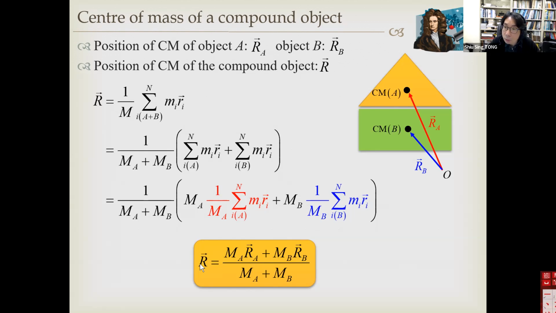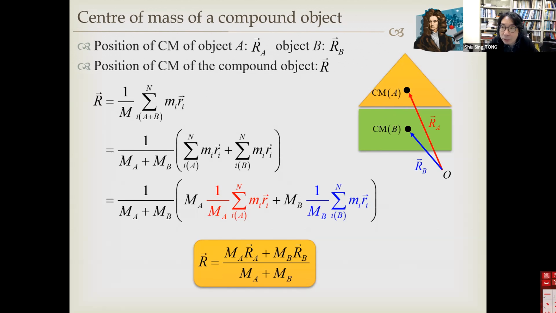So I now arrive at the formula. The center of mass position of the composite object is equal to MA RA plus MB RB, divided by MA plus MB. Now you can see this combination is the same as treating MA and MB as point masses. We can imagine MA and MB are two point masses located at the center of mass positions RA and RB, and so this will be the center of mass position of the combined object.